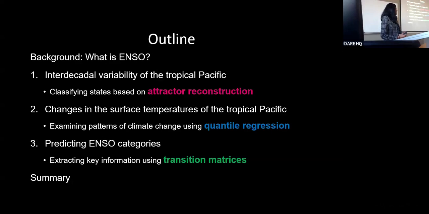The first one is going to use ideas from dynamical systems theory, or chaotic systems, if you've heard of that. The second will be a bit more familiar to folks in this room because it's based on Bayesian quantile regression. And the third will be based on a simple discretization of the system into categories. And then I'll give you a bit of a wrap up.